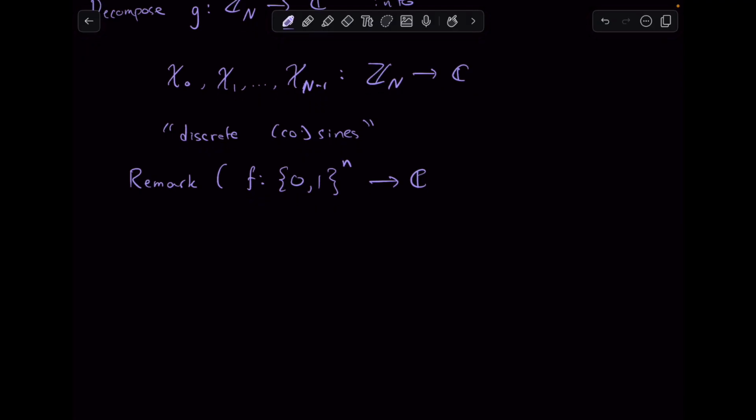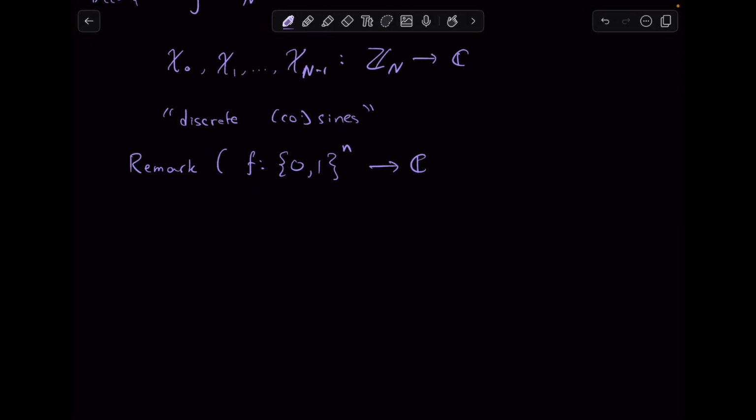We took these functions and decomposed them into these other pattern functions, which I'll just call chi again, indexed by some bit string and taking as input another bit string. And in this case, what the function ended up being was -1 raised to the mod 2 inner product of these two things, s and x.